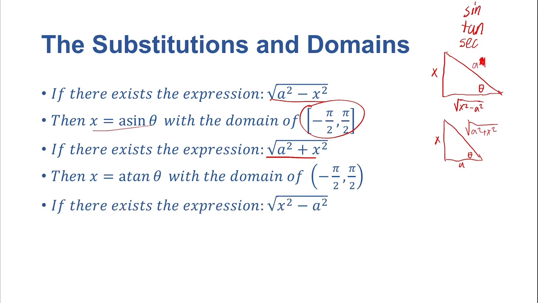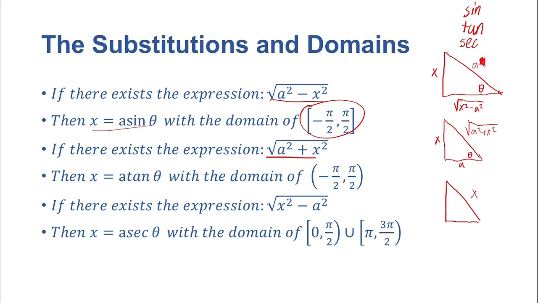Then we have the final instance where we have x squared minus a squared. So in this case, we have x as our hypotenuse because we're subtracting a squared. And we're trying to find that x is going to be equal to a secant theta. So theta is going to be equal to the inverse secant of x over a.